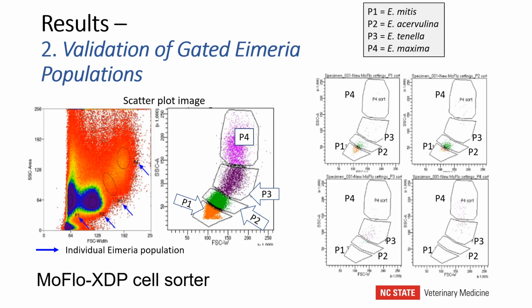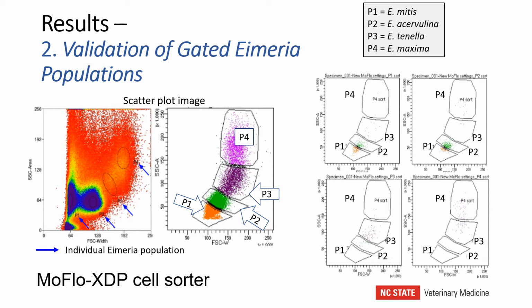Our next step was to analyze the same samples with the MoFlo XDP cell sorter and collect each of these sorted populations in separate tubes. The left graph shows the MoFlo results, and the right graphs show the scatter plot image obtained from the LSR2.